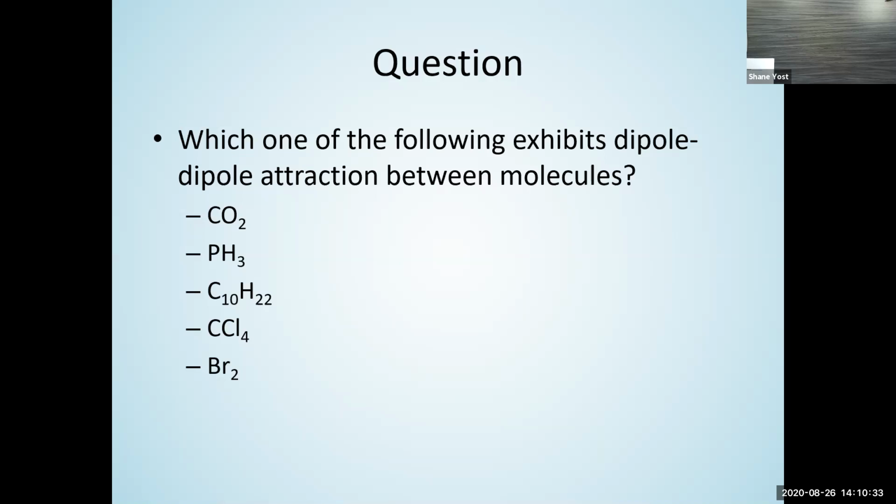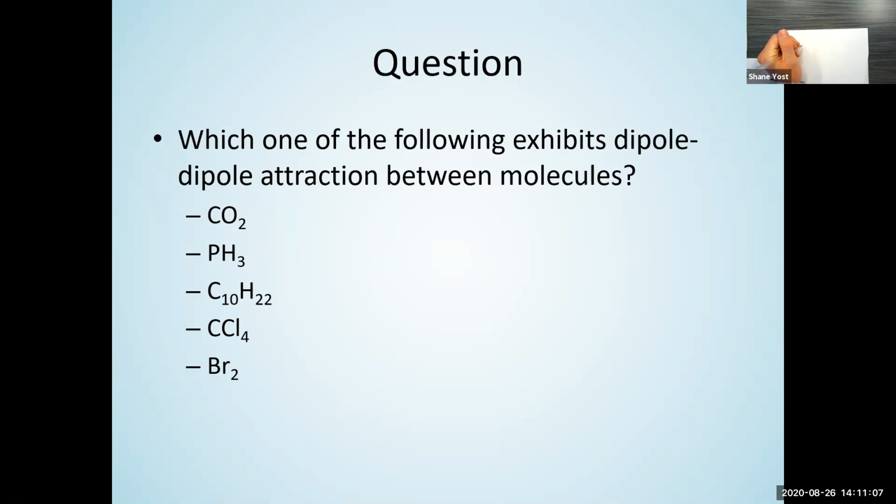Anyone feel comfortable with what they feel is the molecule with dipole-dipole interactions amongst this group? Would it be the carbon tetrachloride? Carbon tetrachloride does have polar bonds. Carbon and chlorine have very different electronegativities. But in the case of carbon tetrachloride, the structure is symmetrical.